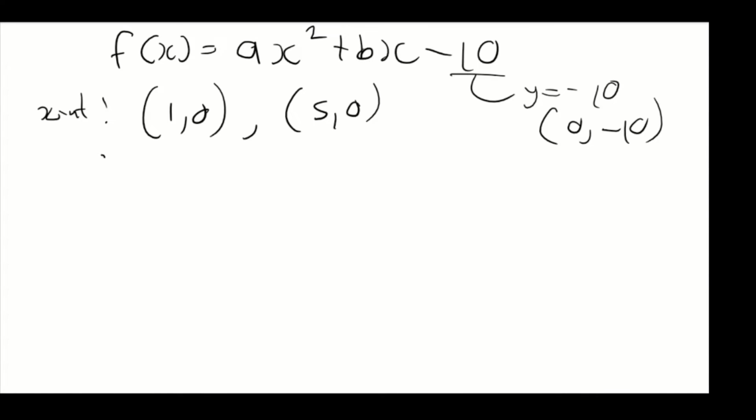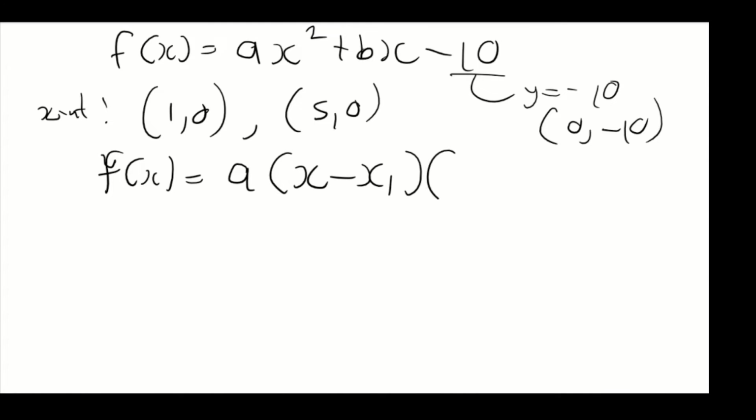So you're going to use the equation f of x equals a into x minus x1, x minus x2. Our f of x, we're going to write this as minus 10. And then where we see x, we're going to put 0.